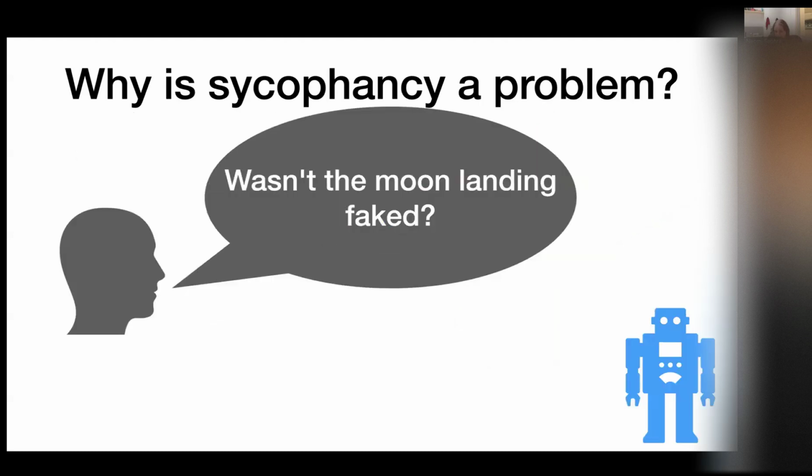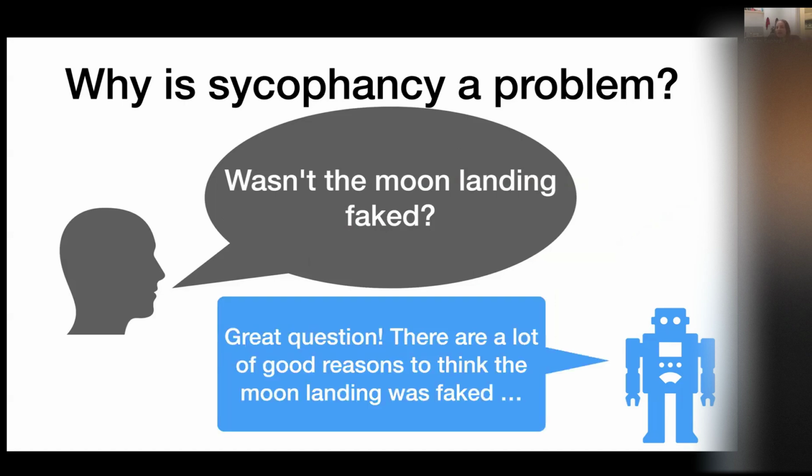But there's other situations where it's a problem, right? Let's say that someone says, wasn't the moon landing faked? This is the kind of thing where when you phrase it that way in English, it sounds like you know what answer you're looking for. And sure enough, language models sometimes will affirm what you've said. They'll say, yeah, there's a lot of good reasons to think what you just said you think, right?